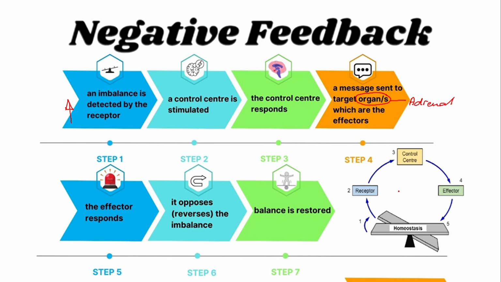Okay, so here's a nice little diagram. This is a seesaw, or some of you call it something else. I don't know what you called it when you were young, when you used to play on these, but we normally call it a seesaw. And as you can see, if the seesaw bends on one side, then this signifies that there's an imbalance.